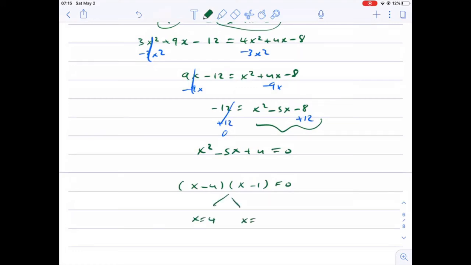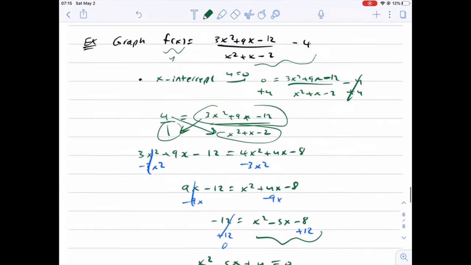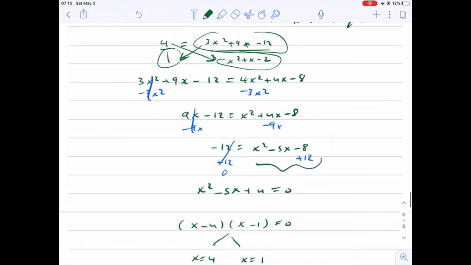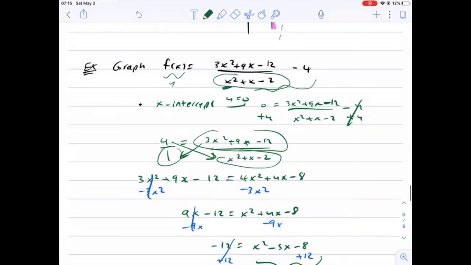or x equals 1. But as we can see, we need to determine whether these two points belong to the domain or not. The point 4, yes, because if you plug 4 here in the denominator, you get 4 squared plus 4 minus 2, which is not equal to 0. But if we plug x equals 1, we get 1 squared plus 1 is 2, minus 2 is 0.